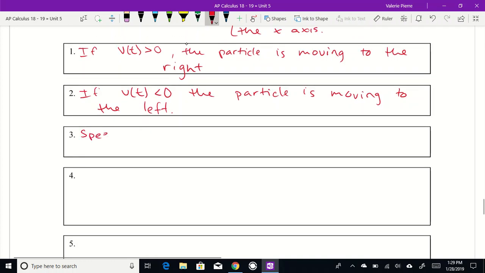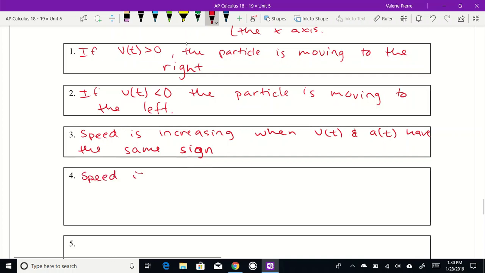Speed is increasing when v of t and a of t have the same sign. Okay, so if they're both positive or if they're both negative, the speed is increasing.